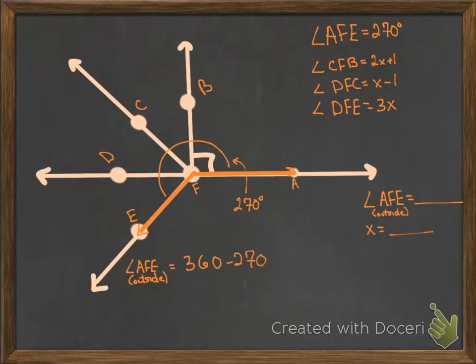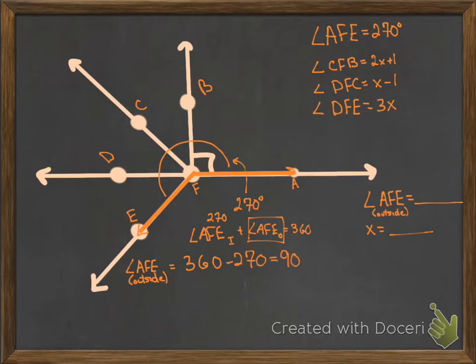We could also say that angle AFE inside plus angle AFE outside is equal to 360, and I know that the inside is 270, and then I could solve for this outside portion. But since we already have 360 minus 270, let's just go ahead and evaluate that. So angle AFE on the outside is equal to 90 degrees.